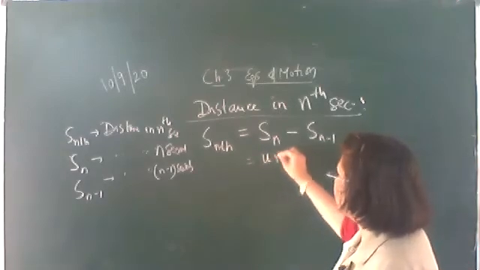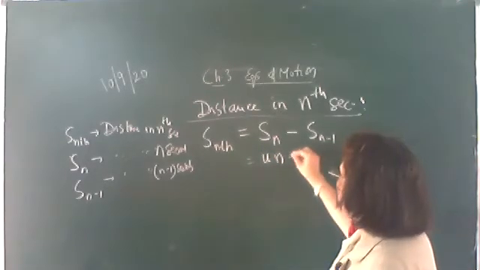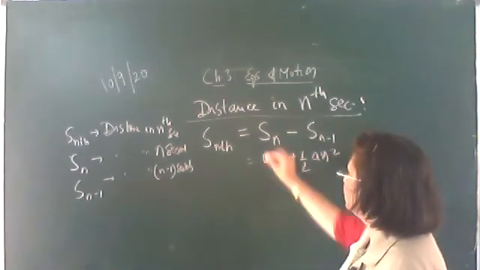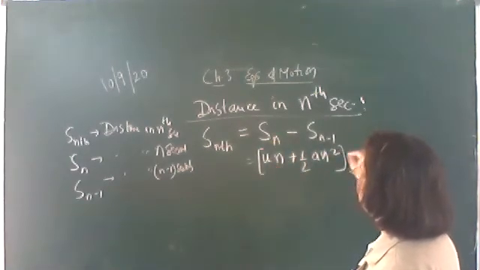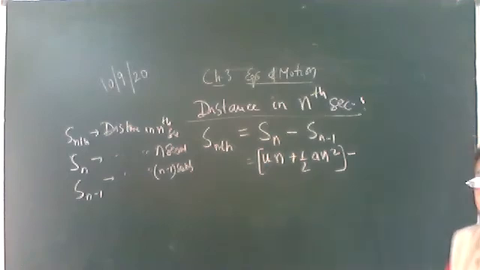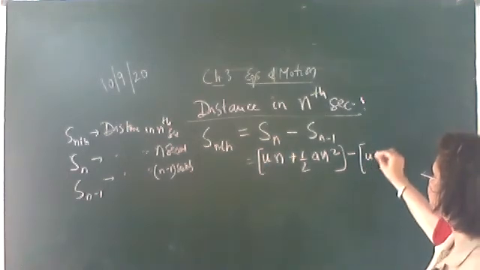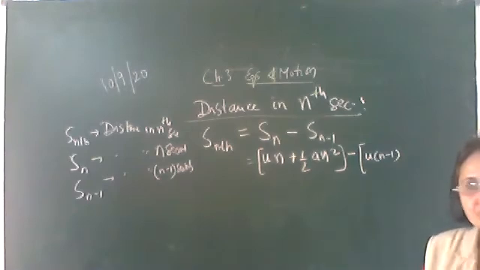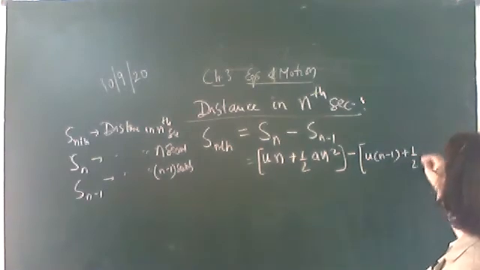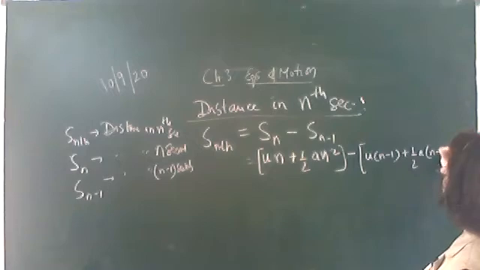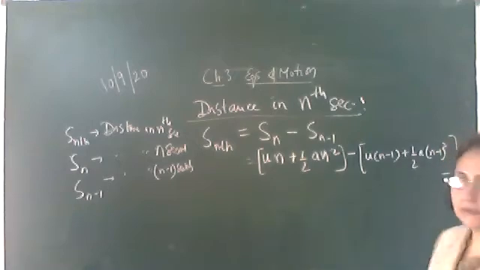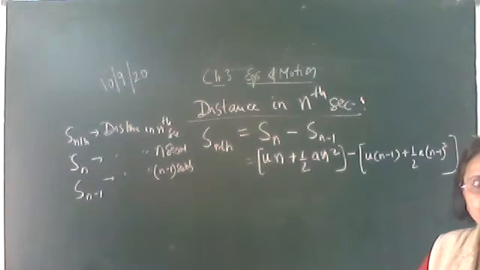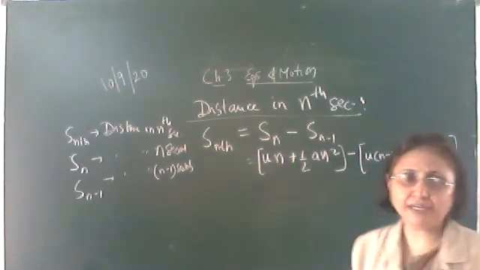So un plus half a into n square is the distance traveled in n seconds, minus the distance traveled in n minus 1 seconds: u into (n minus 1) plus half a into (n minus 1) whole square. I think everyone can simplify and get one equation which will be the distance traveled in the nth second.